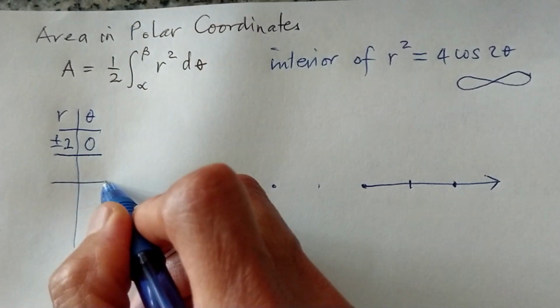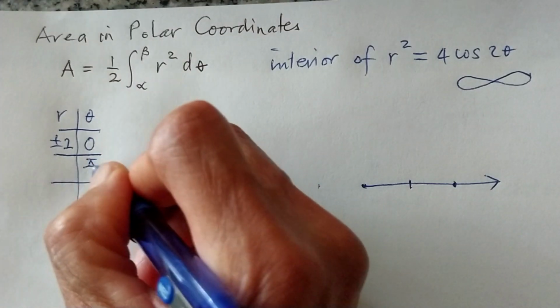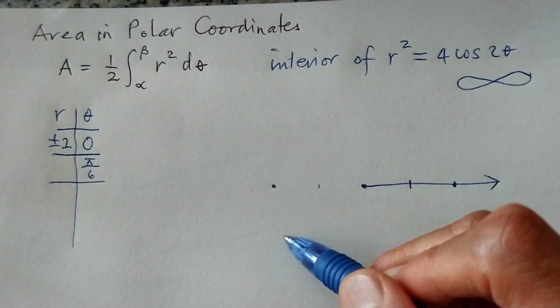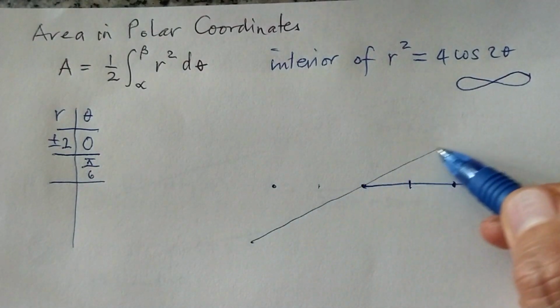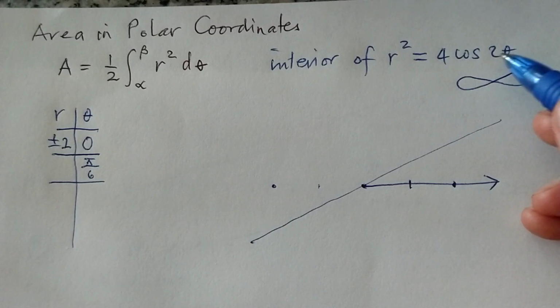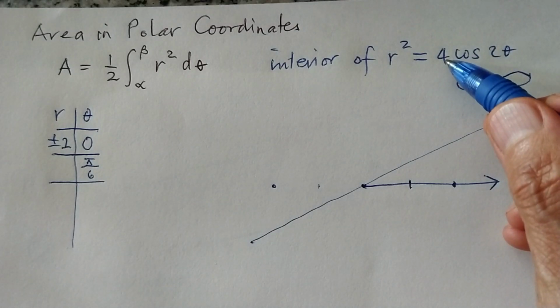Okay, what about when theta is pi over 6? So pi over 6 is somewhere here. At pi over 6, 2 times pi over 6 becomes pi over 3. Cosine pi over 3 is 1/2. 1/2 times 4 is 2.